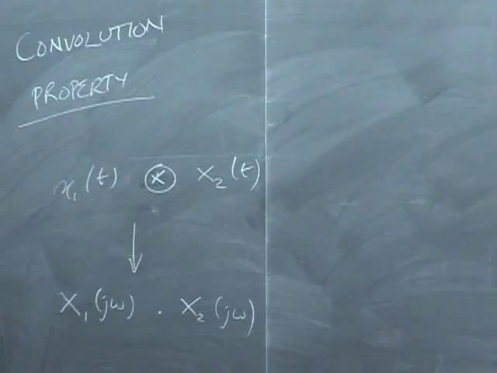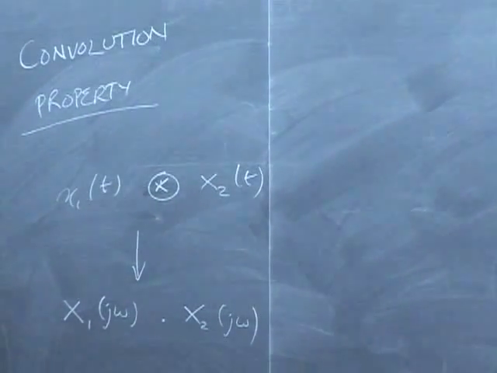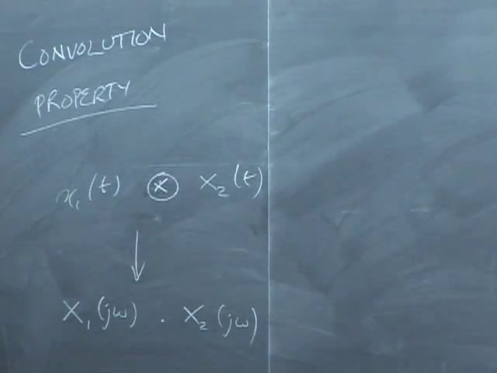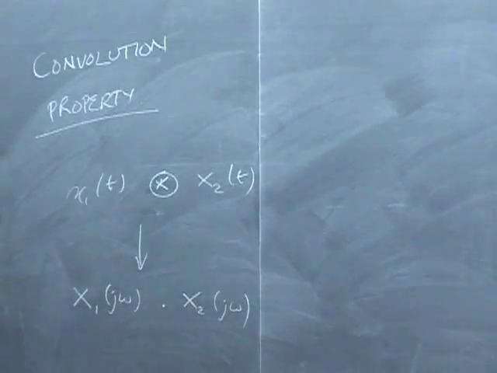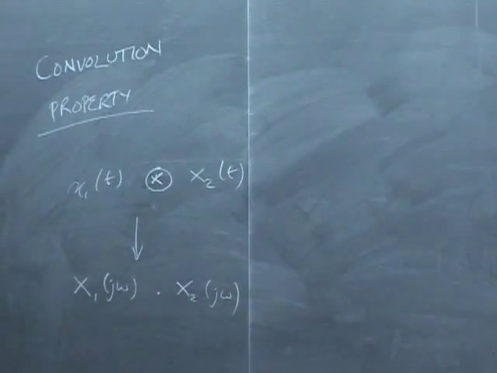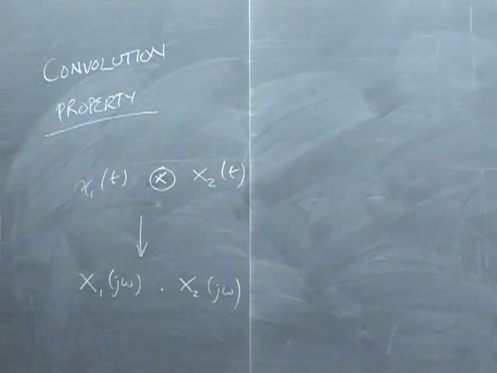That's it. That's the beauty of it. I haven't given the proof here, but the proof is actually pretty straightforward. So this is nice. Convolution is complicated in the time domain, but in the frequency domain, we can simply do this.